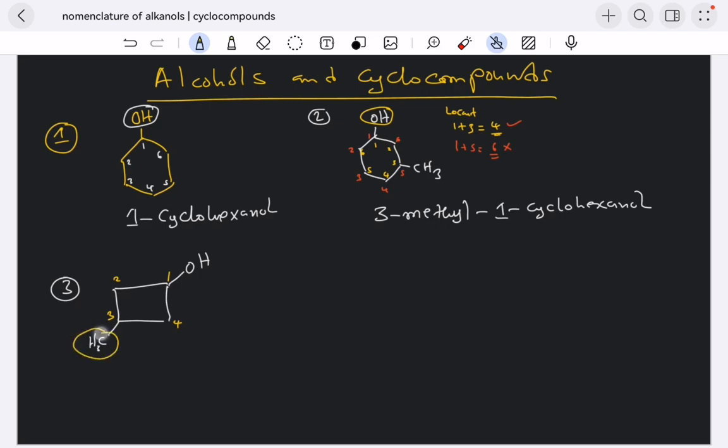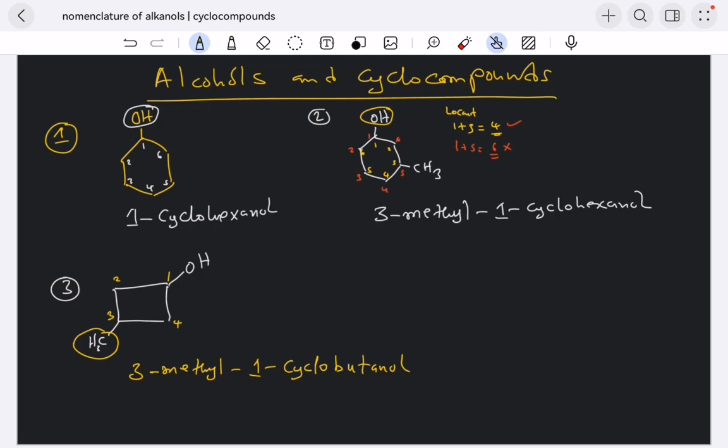So how do we name this? So even if you go the other direction, still both substituents will be in the same positions. So this will be called 3 methyl, then 1 cyclobutanol.